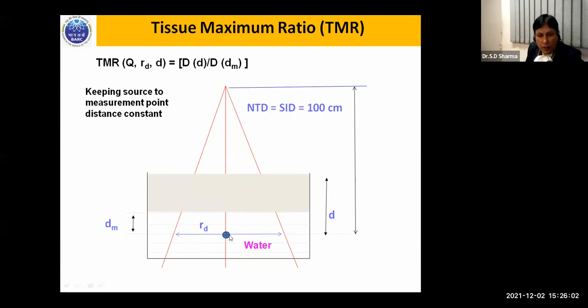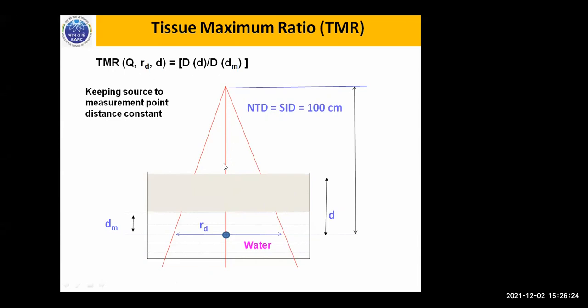Now you can see that the distance between the point of interest or measurement point has not been disturbed, rather the overlying tissue depth has only been changed. So if we keep this condition, then we are measuring the dose for defining the value of tissue maximum ratio.